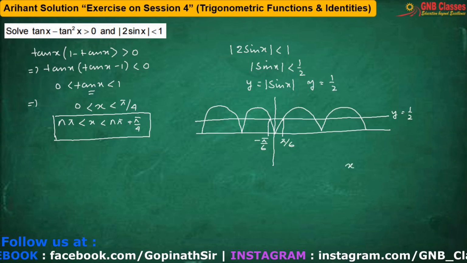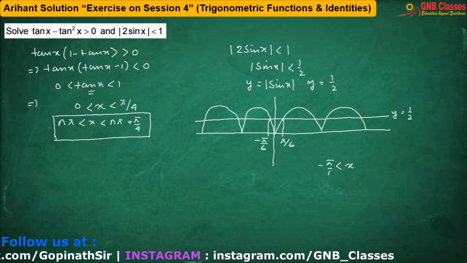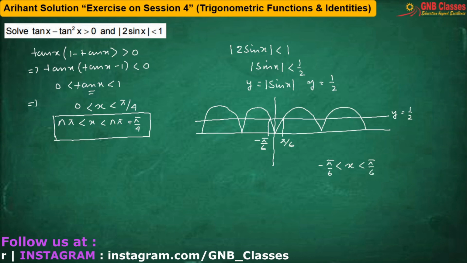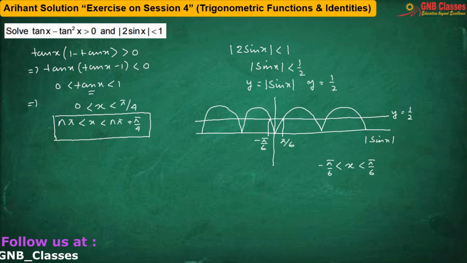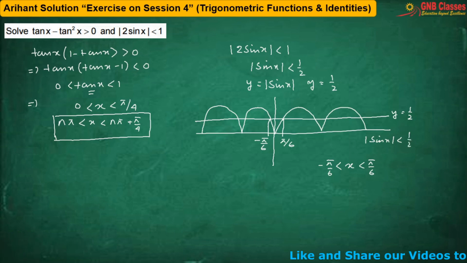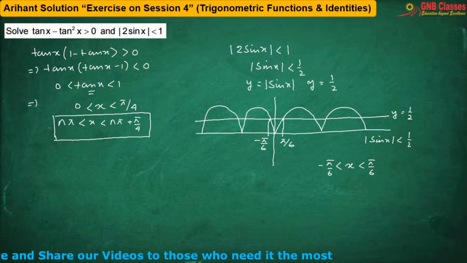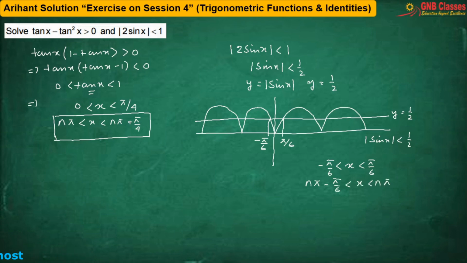When x lies between minus pi by 6 and pi by 6, in that case your mod of sin x is less than half. Am I correct? Now, the period of mod sin x is pi. Therefore, adding n pi on both sides, we are getting... So, this is the general solution set for which mod of sin x will be less than half.